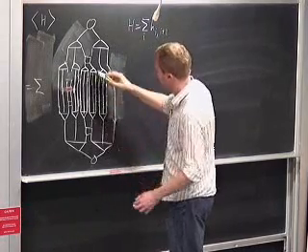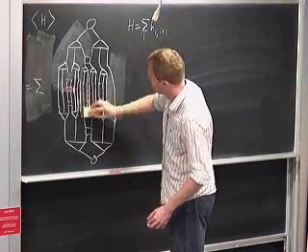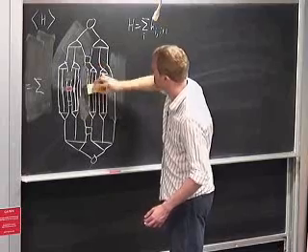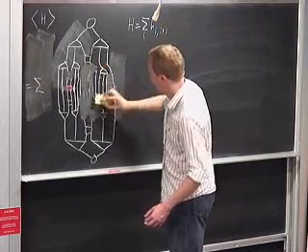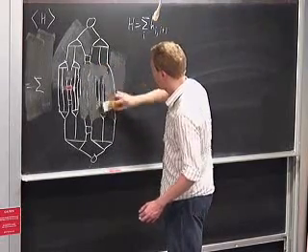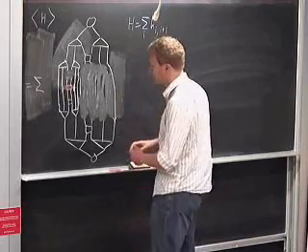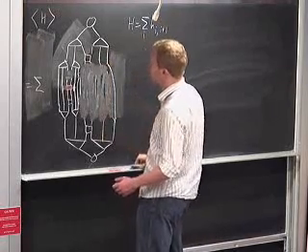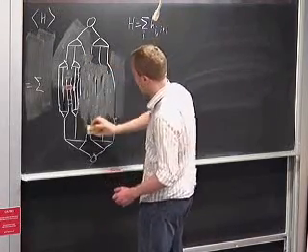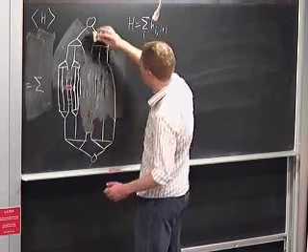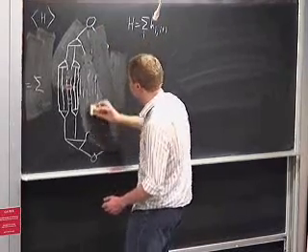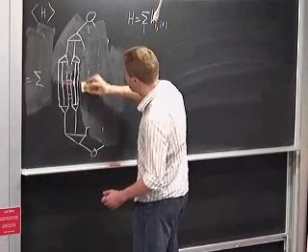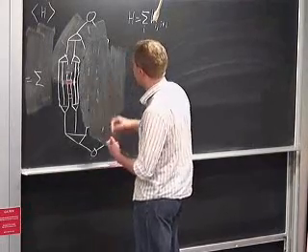This one with this one, very simple. Then this disentangler will annihilate with this one, and this isometry with this one. And so we only actually need to deal with a fairly small part of the tensor network.